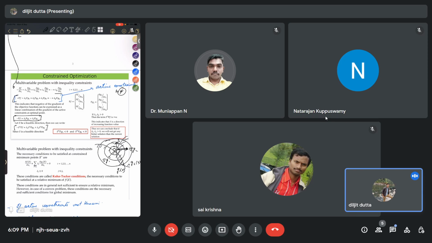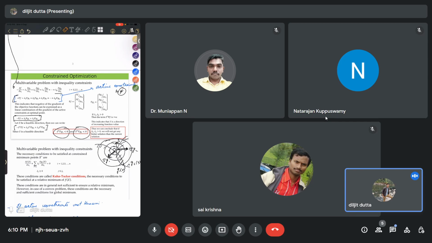Now, if S is a feasible direction, what will happen? S transpose del G1 will be less than 0, because S and the perpendicular direction to the constraint curve will be in opposite directions. So this will be less than 0, and the second term S transpose del G2 will also be less than 0.